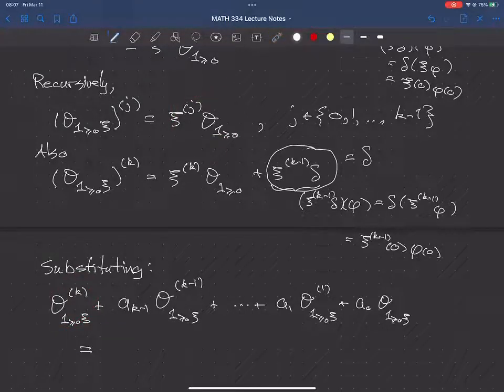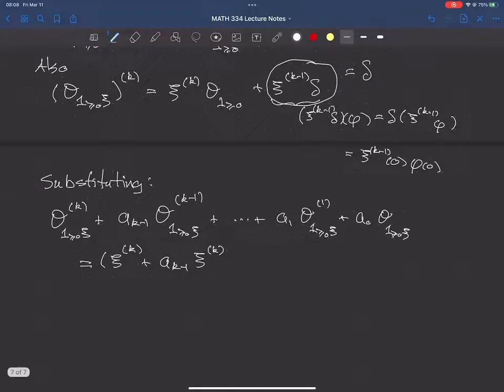So this is going to be C k plus A k minus 1 C k plus A1 C1 plus A0 C. That whole thing is some infinitely differentiable function, and then they all get multiplied by that distribution.